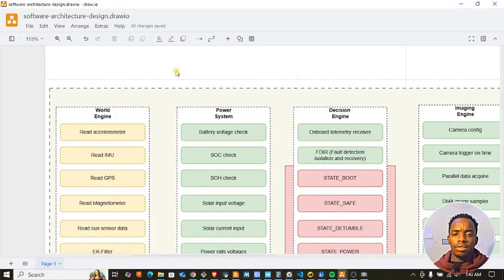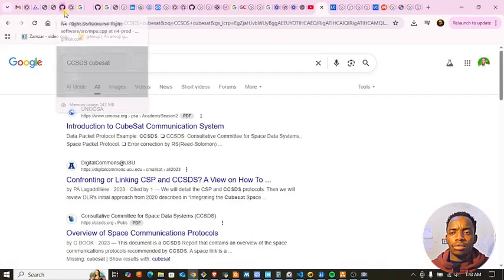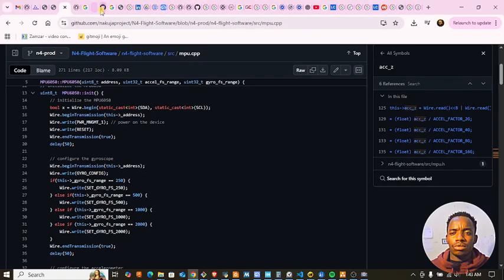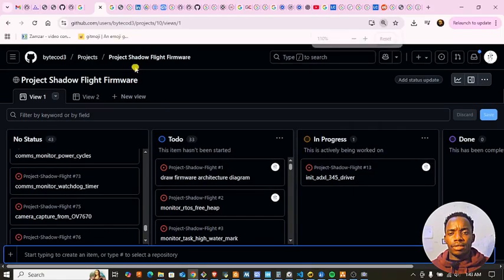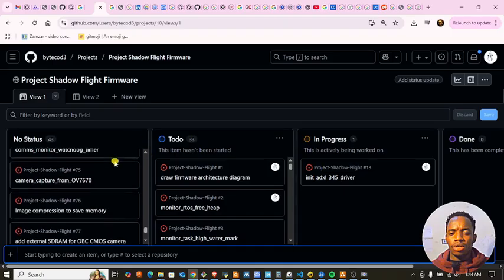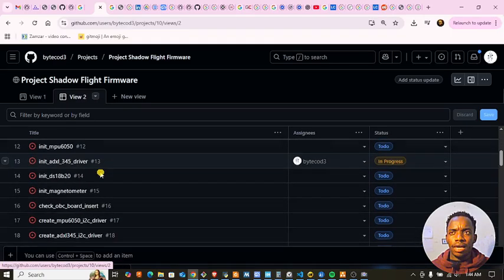I meant to show you that. Let me open the project on GitHub. I've created a project here that can be used to track all the tasks that need to be done.